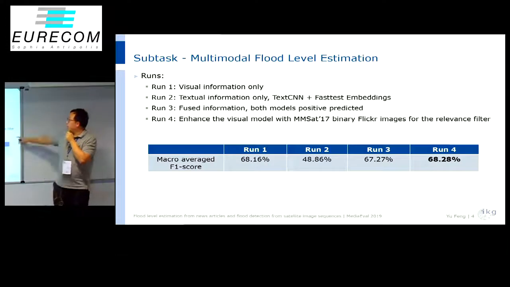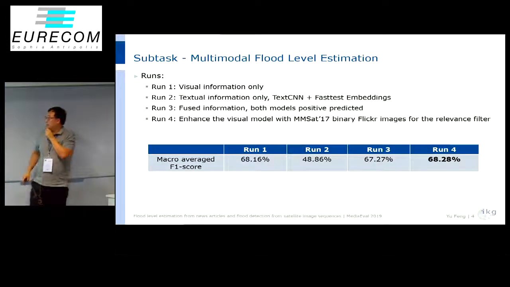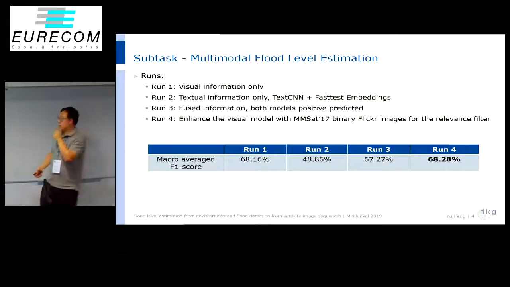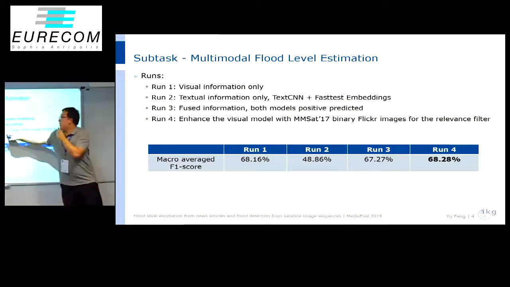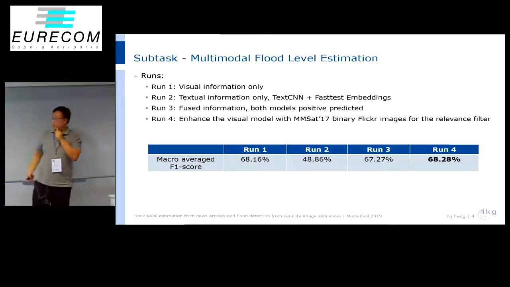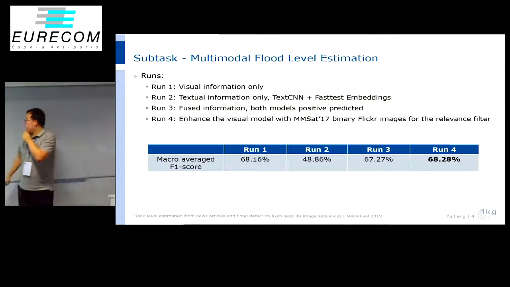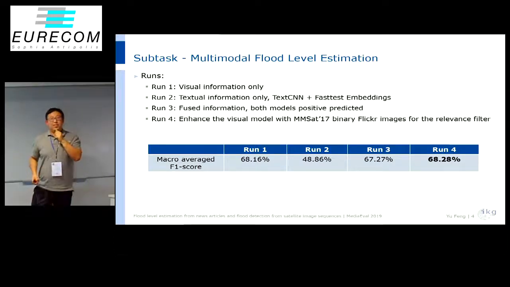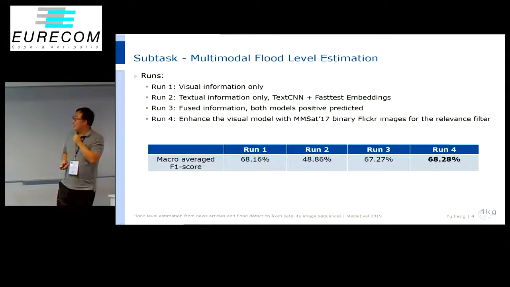In the fourth round, we considered whether we can use the old dataset to improve our relevance filter, so we use the MMSat 2017 dataset to improve it. In this case, our result is still okay, maybe third or fourth on this task.